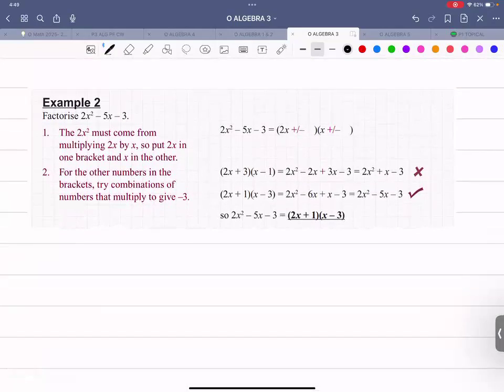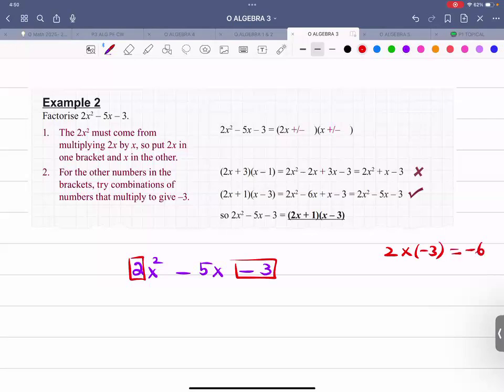Now, a little bit more complicated example. This time, the coefficient of x squared is not 1. The rule still remains the same. Let me solve it for you. 2x squared minus 5x minus 3. If I focus on 2, if I focus on negative 3, 2 into negative 3 is negative 6.